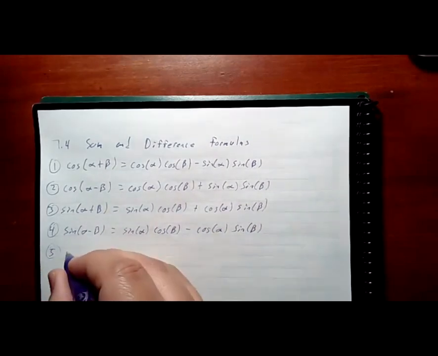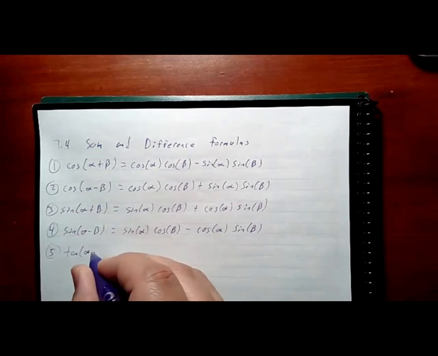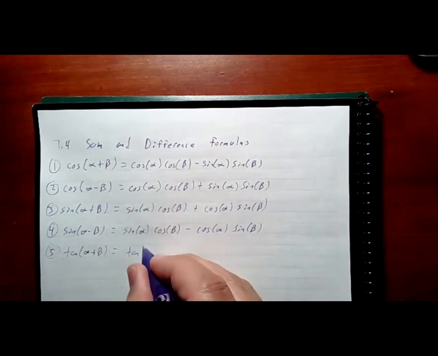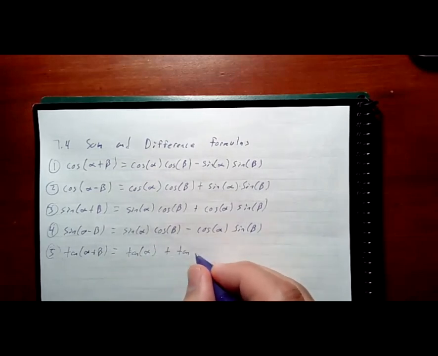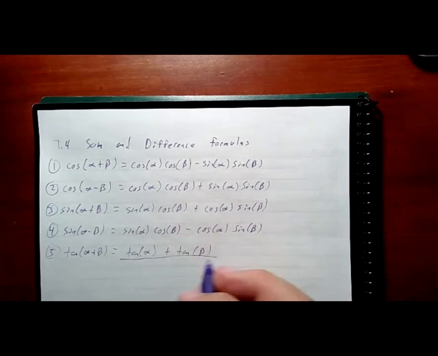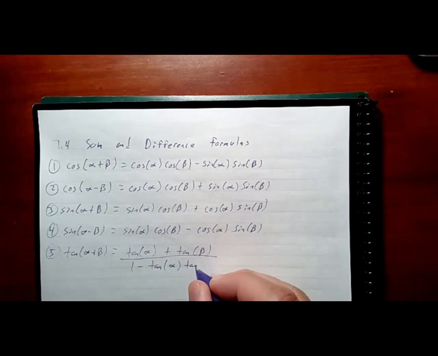Number 5, tangent of alpha plus beta. That's going to be tangent alpha plus tangent beta over 1 minus tangent alpha tan beta.